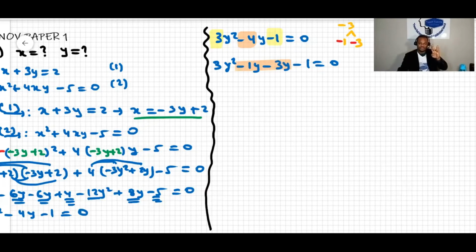I do the first two and the last two. For the first two, what is common is y, and inside the bracket it's going to be y minus 1. For the last two, I can take -1 as the common factor, equals 0.